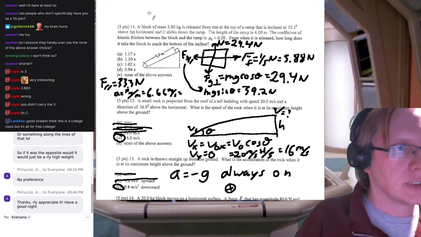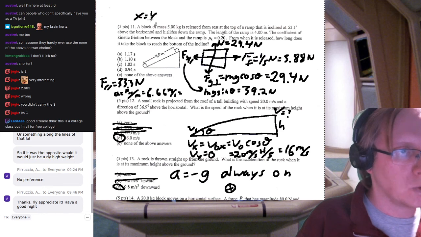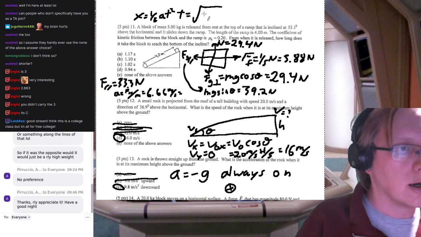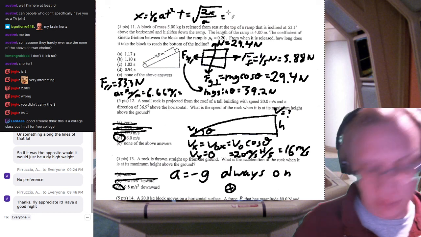Okay. So then we have that x is equal to 1/2 a t squared. Therefore, t is equal to the square root of 2x over a. Punch our numbers in.